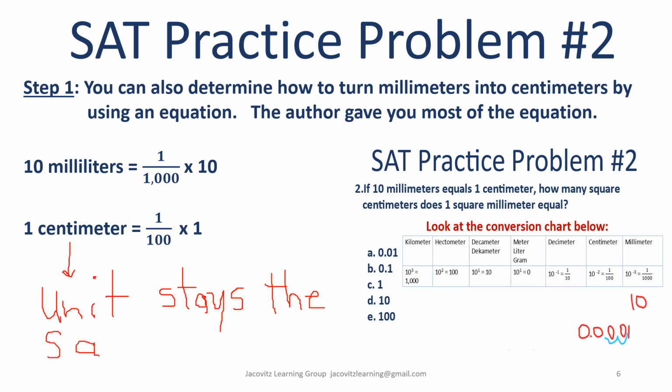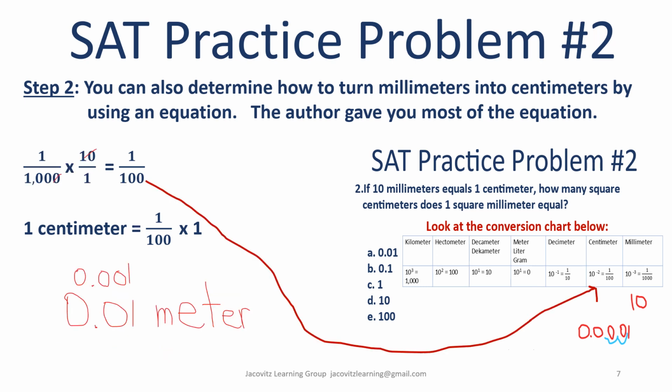Okay, so just take a look at what's going on here. Now we're going to think about how to take this 10 that the author gave us, which is 10 millimeters, and turn it into centimeters.